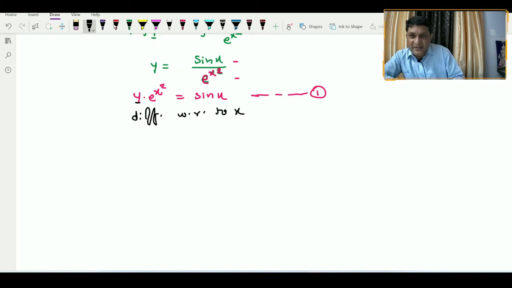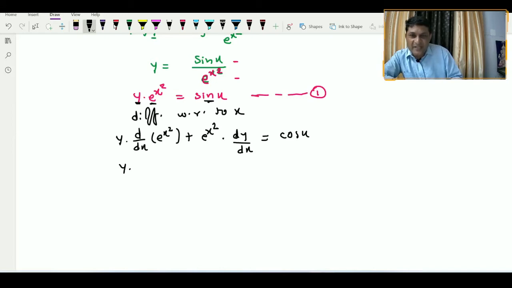To find out derivative of this side, we have to apply product rule. According to product rule, first term as it is, derivative of second term. Second term is derivative of e raised to power x square, plus second term as it is, e raised to power x square as it is, into derivative of first term, means derivative of y is dy upon dx. And on this side, derivative of sin x will be equals to what? Cos x.